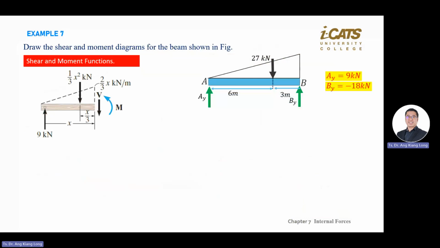What is important is to draw V versus x and M versus x. Again, we start from the left-hand side, x to the right, and this x is a distance we choose that is more than the focus load location.